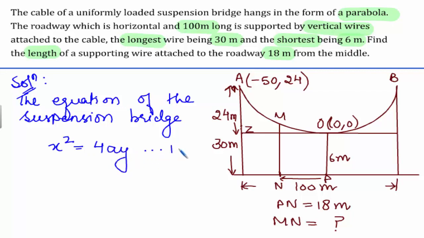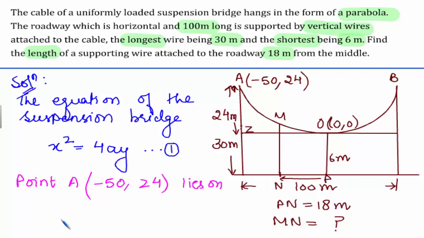Let us denote this equation by equation number 1. Now, as we have discussed, point A having coordinates minus 50 and 24 lie on the suspension bridge, as we can see.